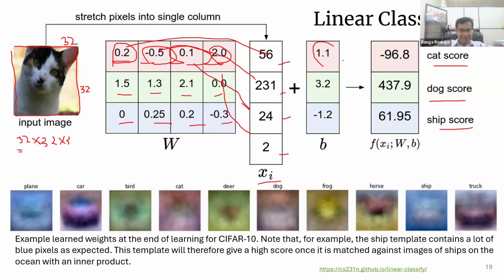Then you add this number called a bias, and you get minus 96.8. For the dog score, this light green row, you get 437.9. For the blue one, the ship score, you get 61.95. Now, what is the class? Is it a cat, a dog, or a ship?